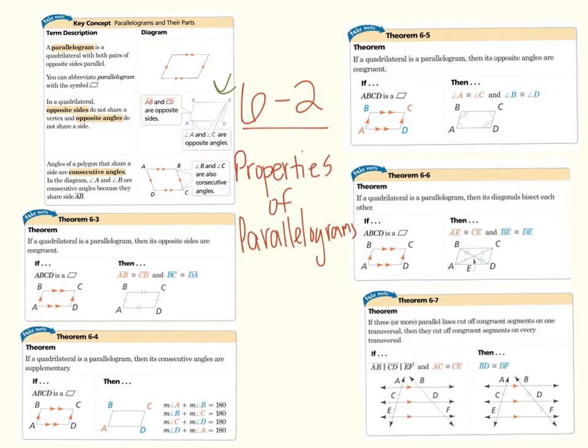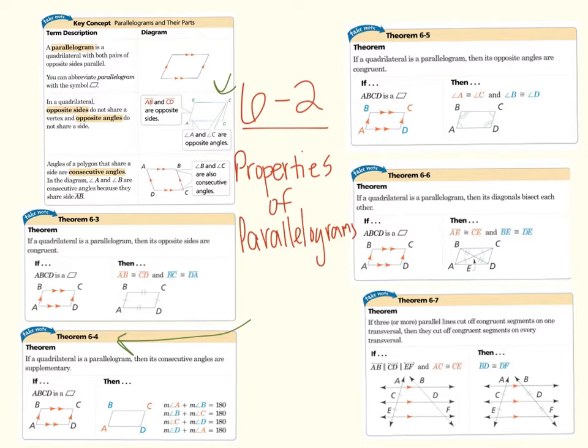And we'll talk about this on Theorem 6-4, but consecutive angles are going to be supplementary. So if you look down, it says if a quadrilateral is a parallelogram, then its consecutive angles are supplementary. So that means that if we add angle A and angle B together, they're going to be 180. And I'm going to do an example where you get to practice that in just a little bit.